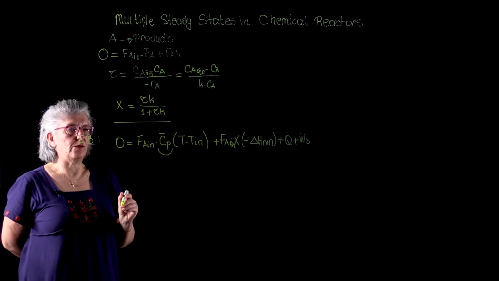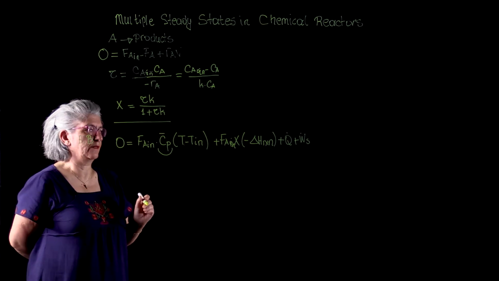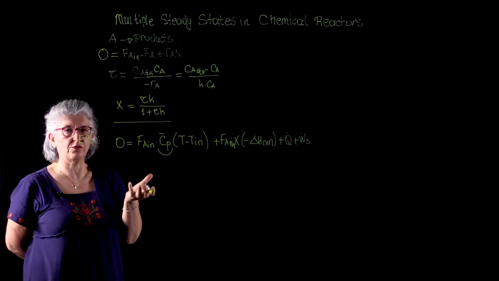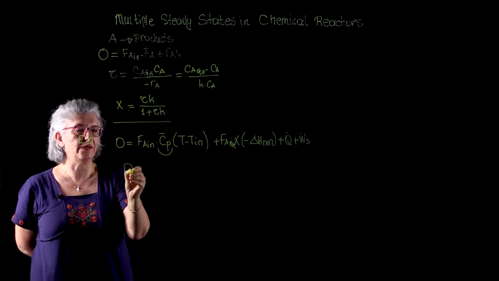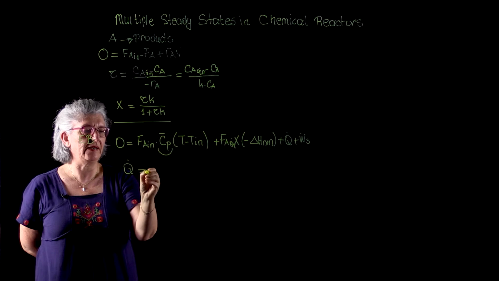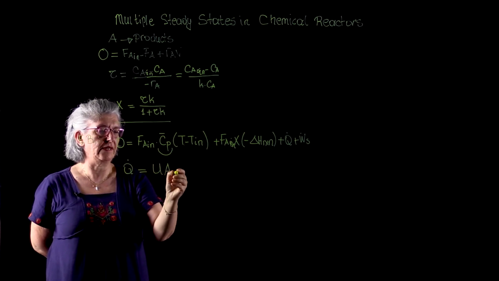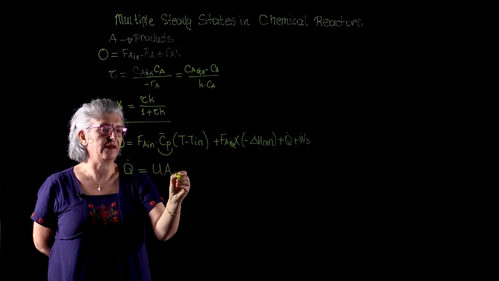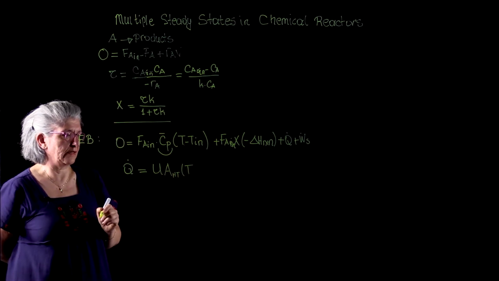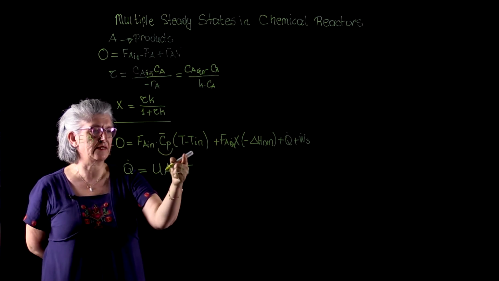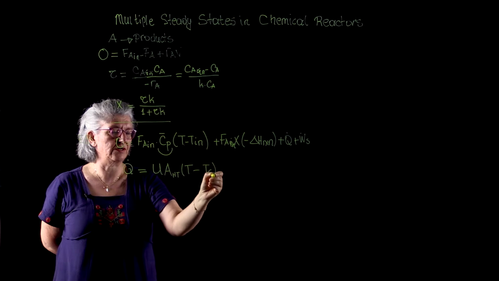Now, we are going to allow some heat exchange between the contents of the reactor and the environment. That heat exchange is going to be given by an overall heat transfer coefficient, the heat transfer area, and the temperature difference between the contents of the reactor, the same temperature T, and a coolant temperature.